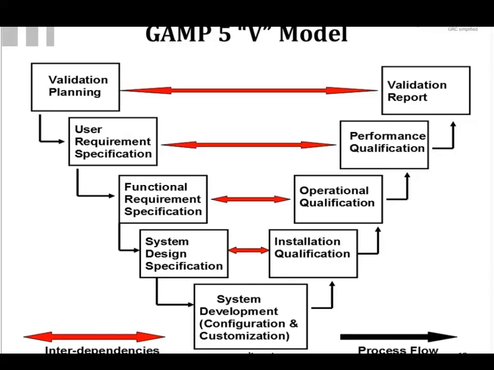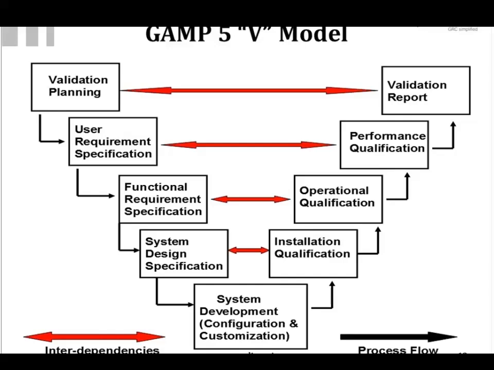The system design spec is the configuration or specification document that you'll most likely get from either a vendor, or if you do have internal resources doing development, they will also give you a design spec for the code that they're delivering. Those specifications should be maintained alongside your validation documentation as part of the package.